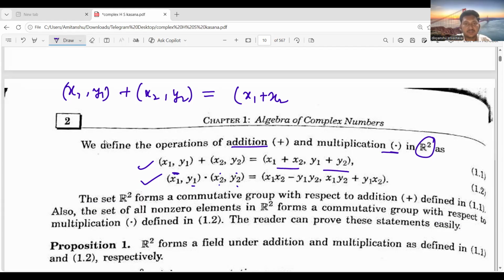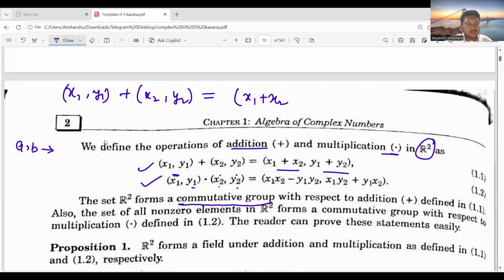Okay. These are part of a commutative group, and you know it very well. What is a commutative group? Commutative group in group algebra your teachers have already taught you. When you have some numbers a and b, then you get b comma a, and these are the closure property. And the associative part is like this: b plus c.